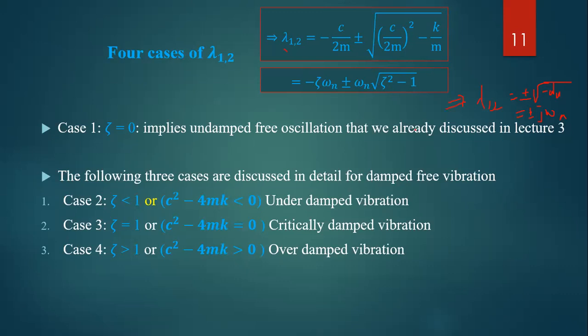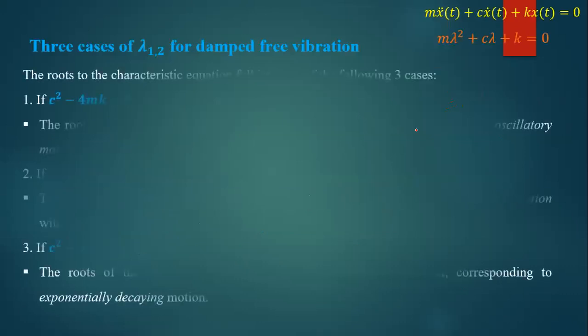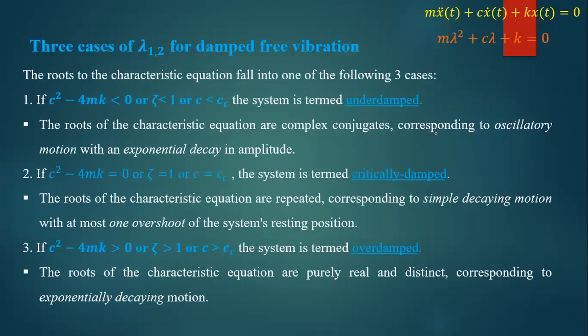That implies the complex conjugate form of the roots, corresponding to oscillatory motion with exponentially decaying amplitude. How is it exponentially decaying? We'll see which term makes the amplitude decay exponentially.